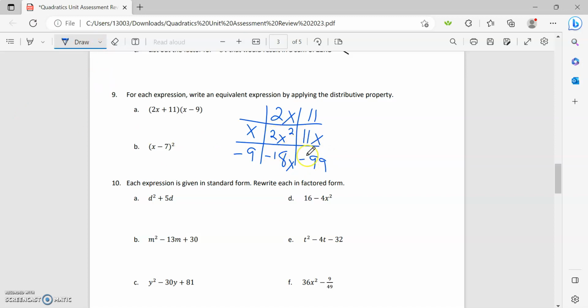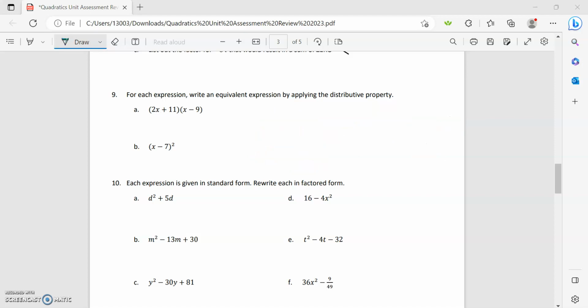Each box is a term, and you'll see that they're the same as before. 2x squared plus 11x minus 18x minus 99. You'd resimplify it again, 2x squared minus 7x minus 99. So, okay, that's that one, 9A. Let me pause. I'm going to erase this also, and then I'll go to 9B real quick.